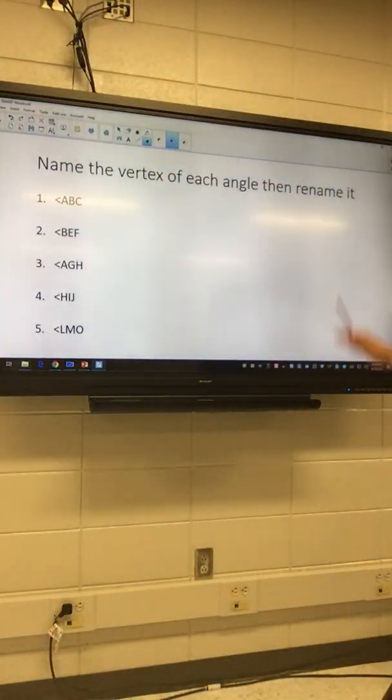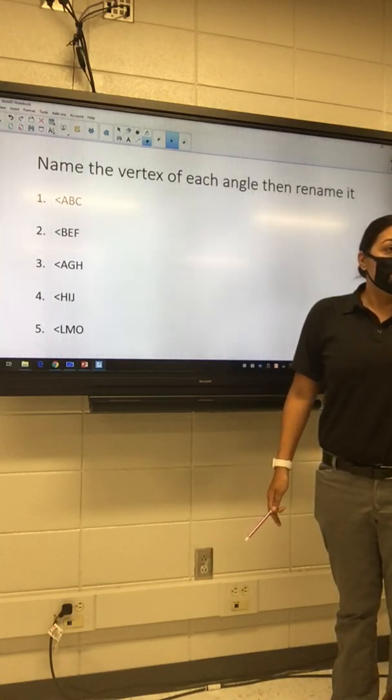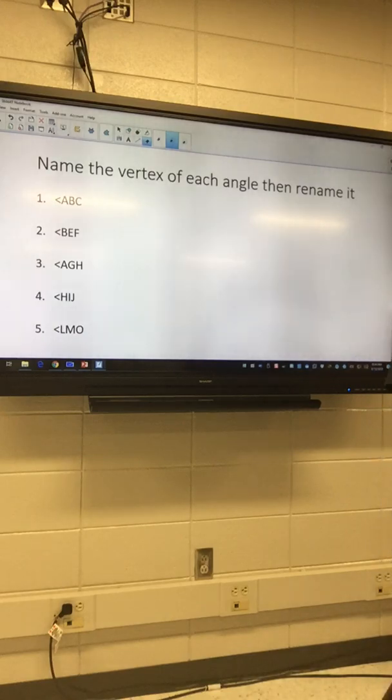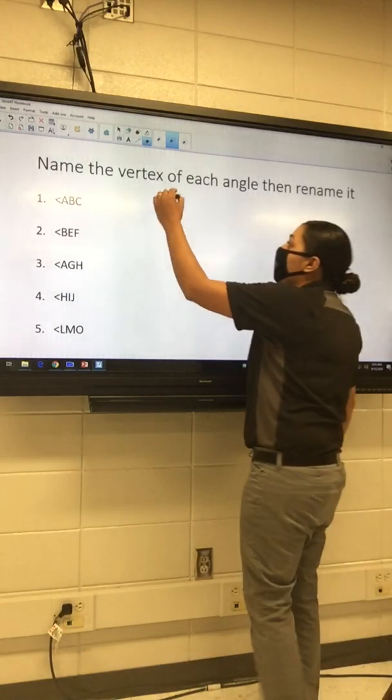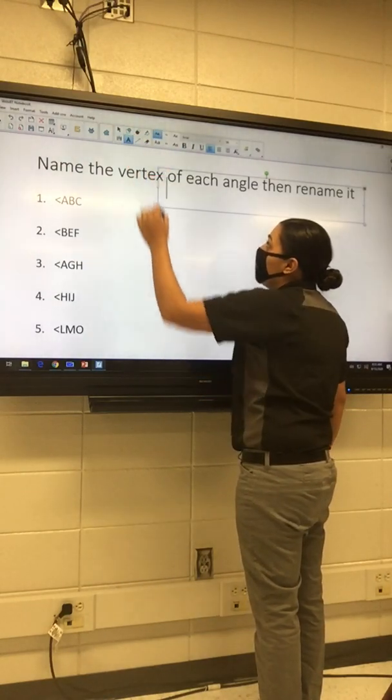Name the vertex of each angle. So if we look at angle ABC, what's the vertex? B. The vertex is always going to be the middle point. I don't care if you want to make a little chart to keep you on track, or don't write anything.